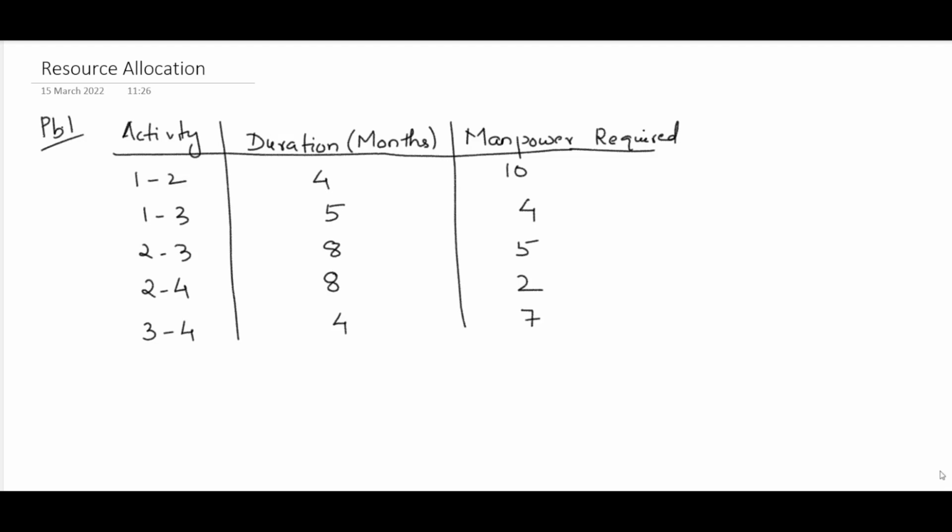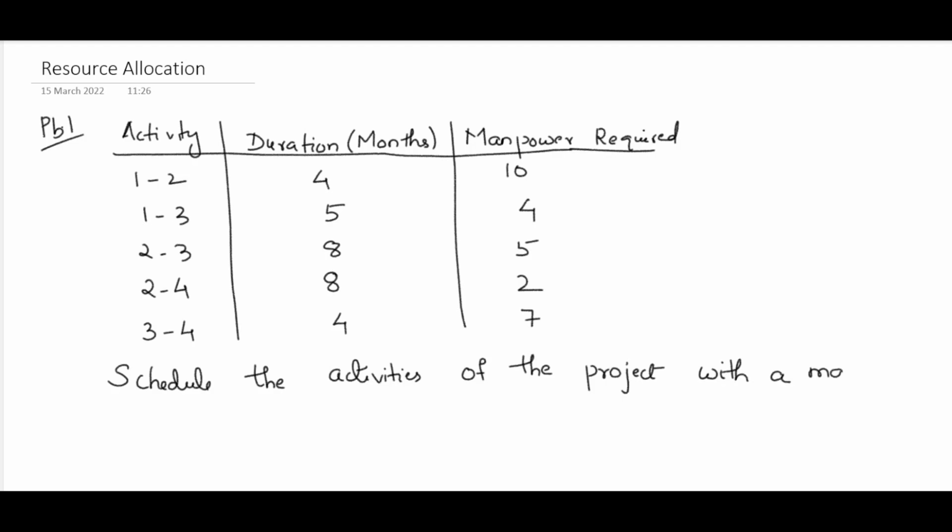And what is our task? Schedule the activities of the project with the maximum limit on the manpower requirement as 10.